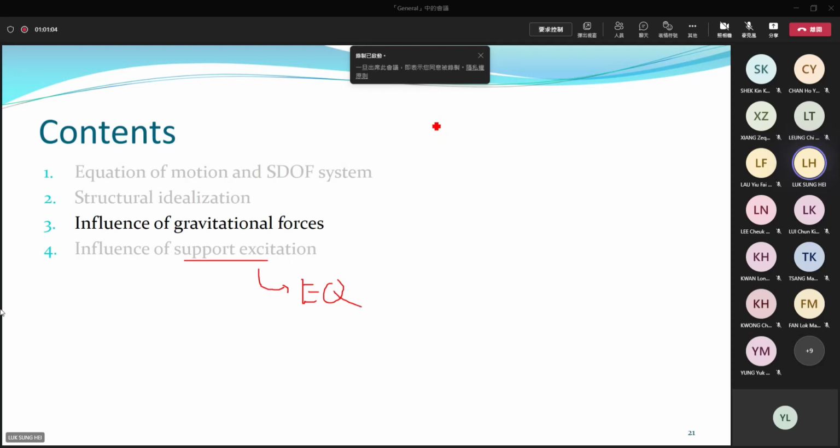In the previous example, we consider a system under horizontal movement, horizontal force. For a system under horizontal force, you don't need to consider the gravitational acceleration. What is the impact of gravitational acceleration?